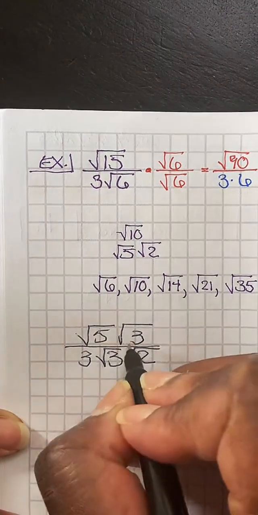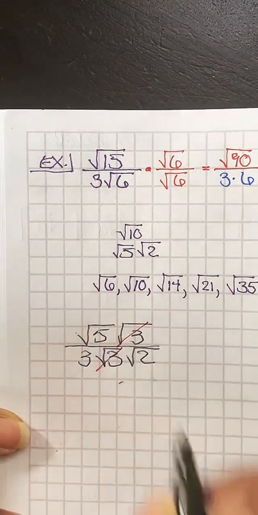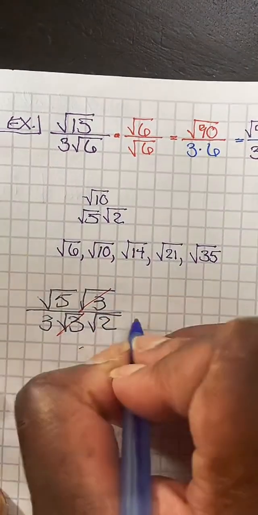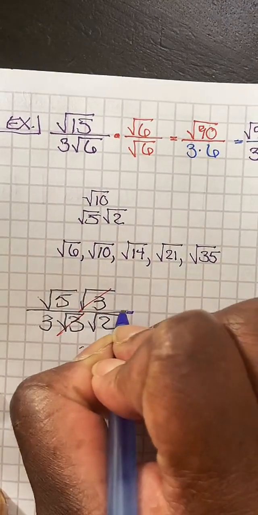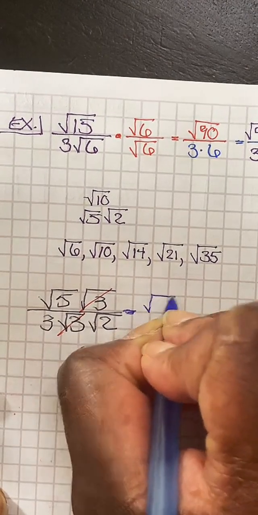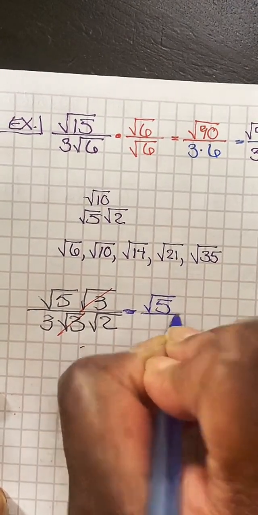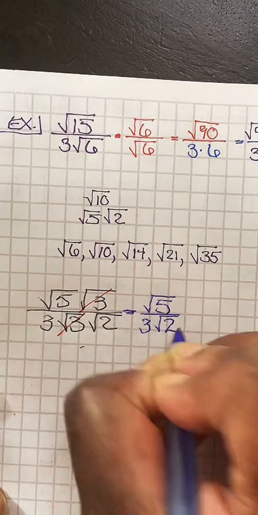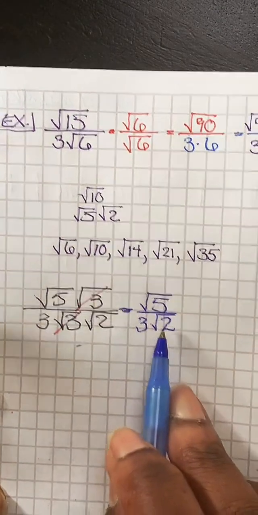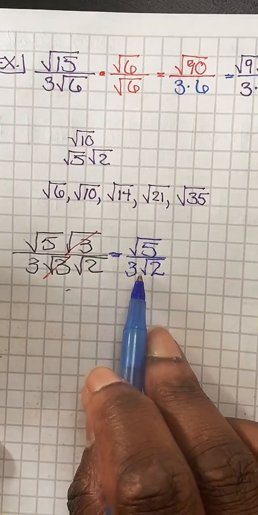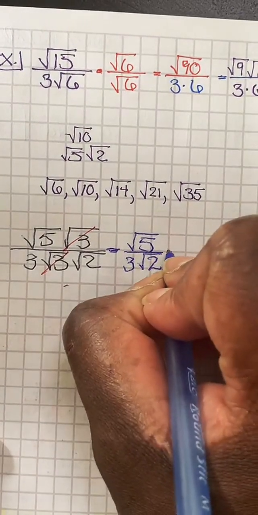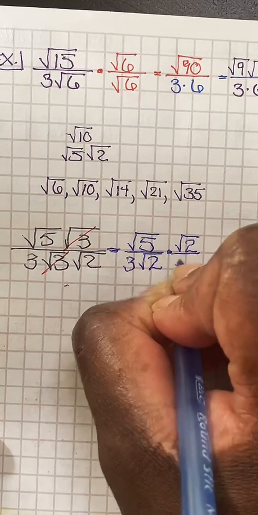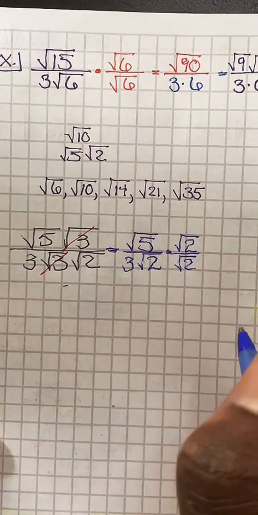Then here, got rid of the square roots of 3's. So that means this gave me the square root of 5 over 3, the square root of 2. But here's the thing, we can't have this radical in this denominator. So that means we had to multiply square root of 2 over square root of 2.